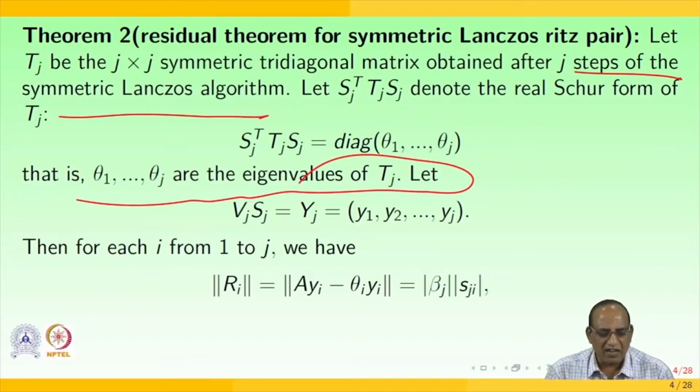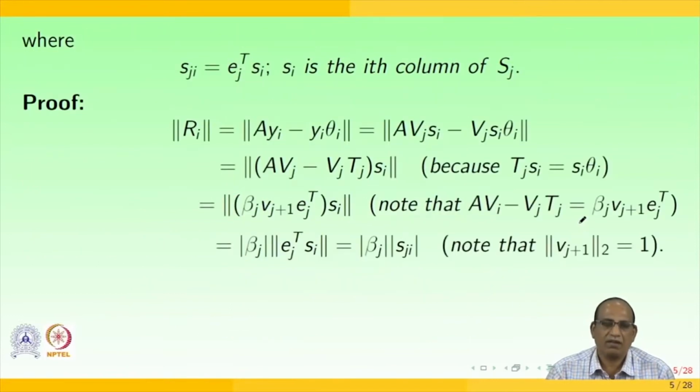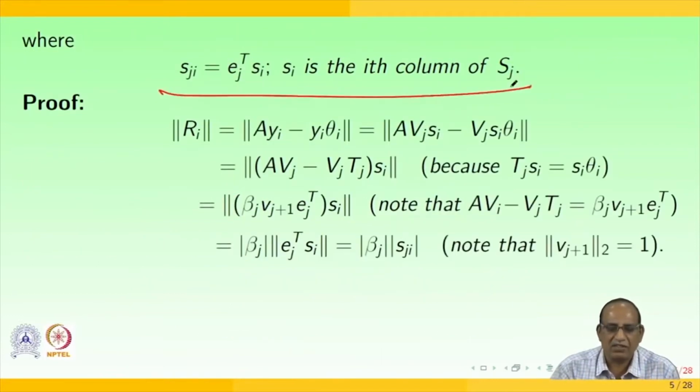Then for each i from 1 to j, we have norm of Ri is equal to norm of A yi minus theta i yi, that will be equivalent to modulus of beta j Sji, where Sji is ej transpose Si, and Si is the ith column of Sj. So the proof is the following.